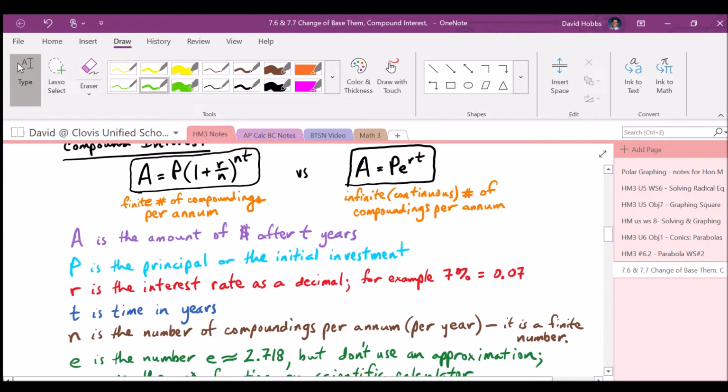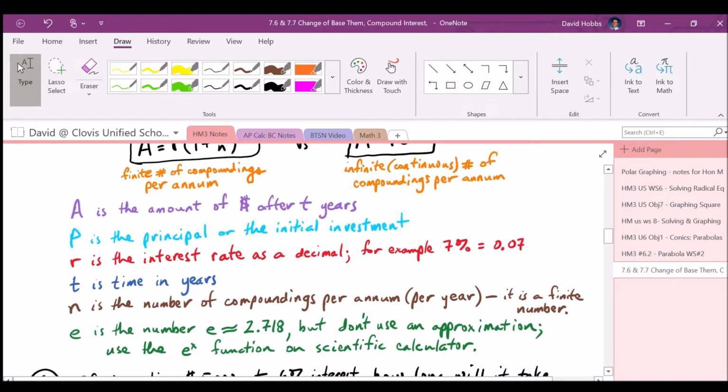N in the first formula is the number of compoundings per annum, in other words, per year. So for example, quarterly compounding, there's 4 quarters in a year, so N would be 4, something like that. E, formula on the right, is the actual number E, but don't use the approximation. Make sure that you're using the E to the X button on the calculator.